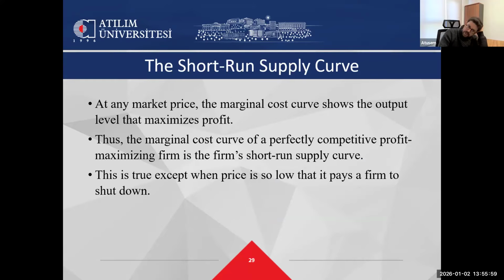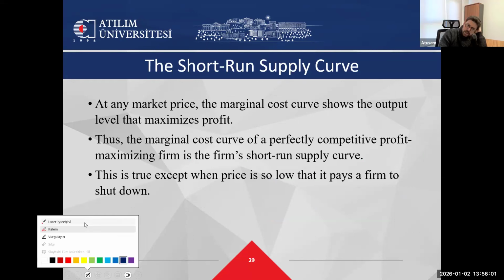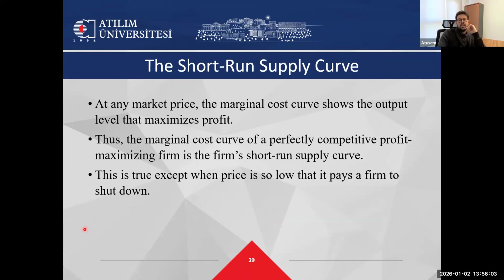Okay, let's come to the new part. Short run supply curve. What can I say? As long as marginal revenue is greater than marginal cost, we keep producing. But when marginal cost is greater than marginal revenue, we can stop over here.